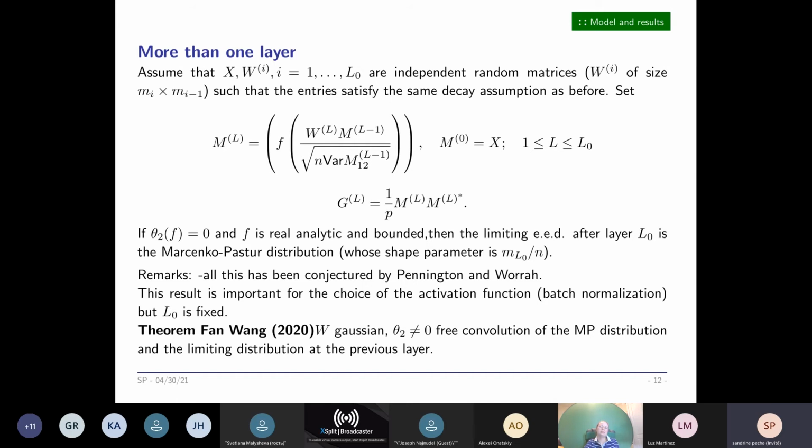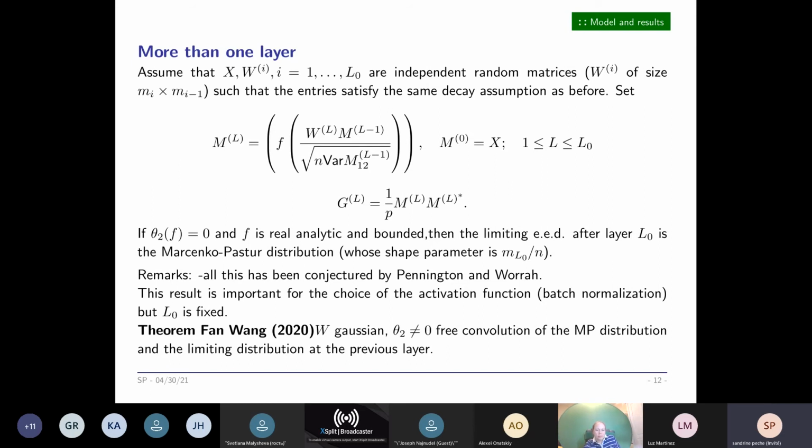So the dimensions may change from layer to layer, but we simply form the output of the neural network after each layer. So the output of the first layer enters the second layer, and we get the output after layer 2.